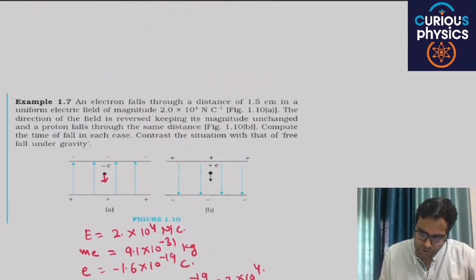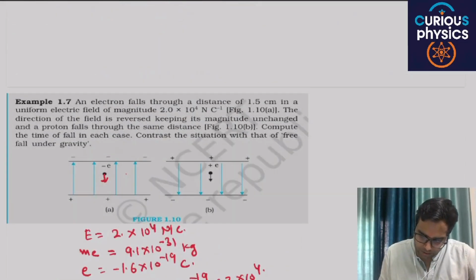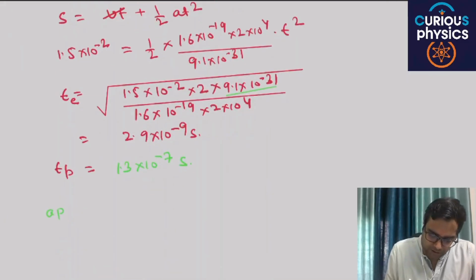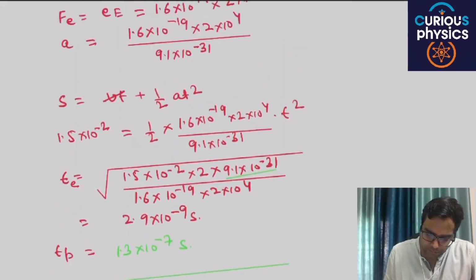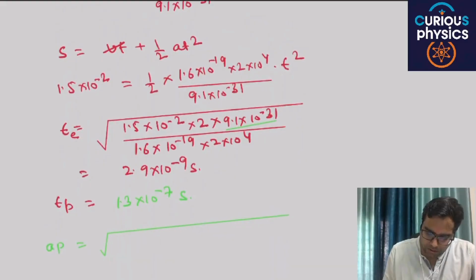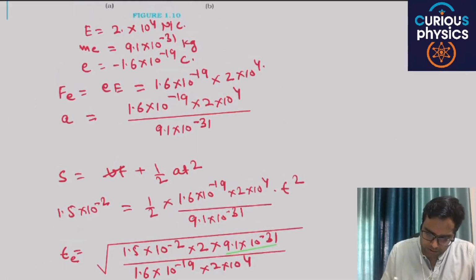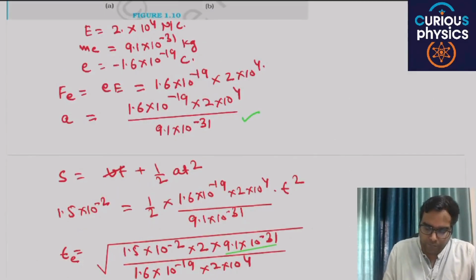The last part of the question is to compute the time of fall in each case and contrast the situation with free fall. If you get the acceleration, for example of the proton, you simply apply the formula, not under the root. This is the acceleration, but for the proton you have to write the mass of the proton.